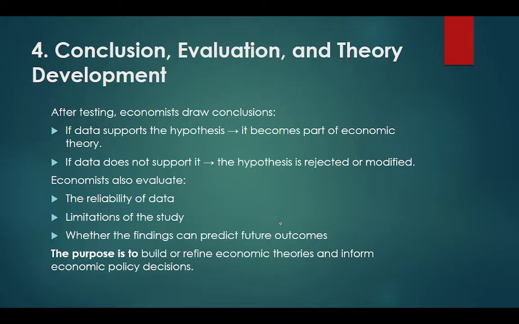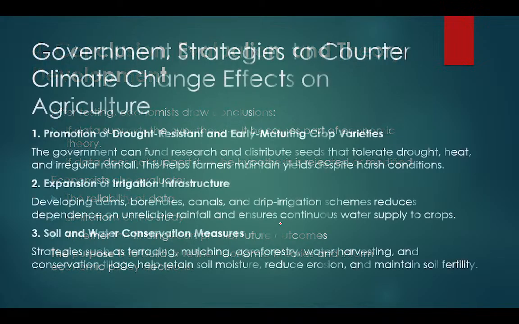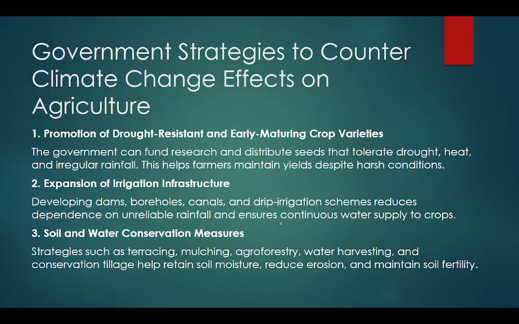Part A required us to answer that. Now, part B required us to state government strategies to counter climate change effects on agriculture. So one we are saying is promotion of drought resistant and early maturing crop varieties.